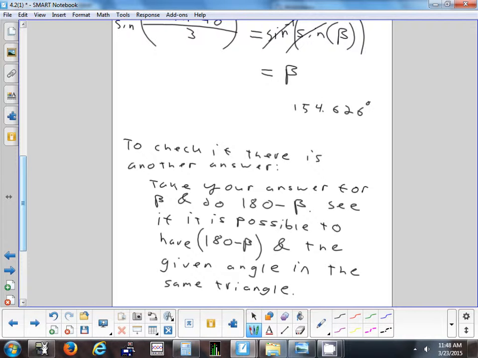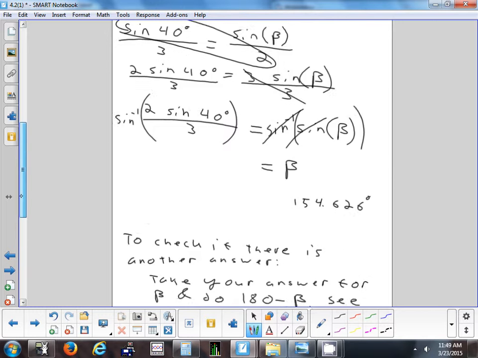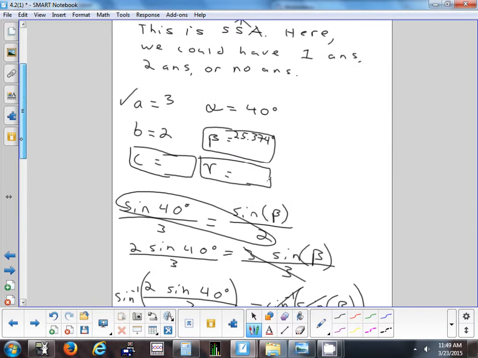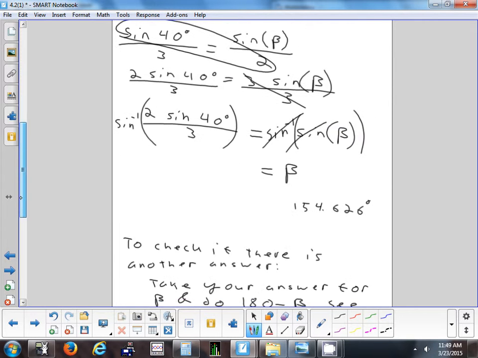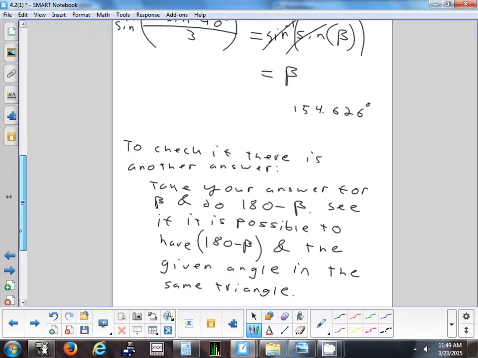Let's go back up and look at what was given and see if you could fit them in the same triangle. All right, so we were given a 40-degree angle. We know the 40 is right because it was given. Is it possible to fit a 40-degree angle and 154 in the same triangle? What do you think, Zach?